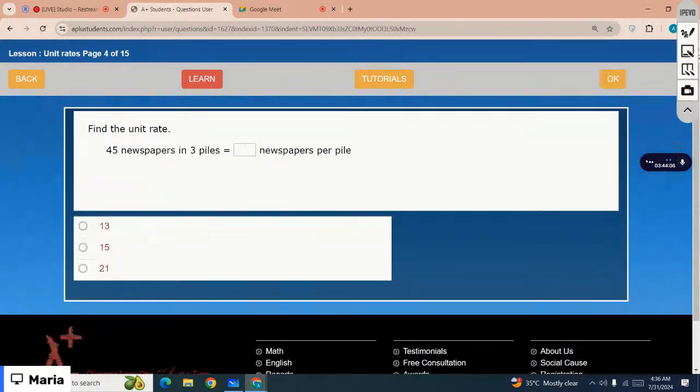Unit rate: 45 newspapers in 3 piles. So how many newspapers per pile?